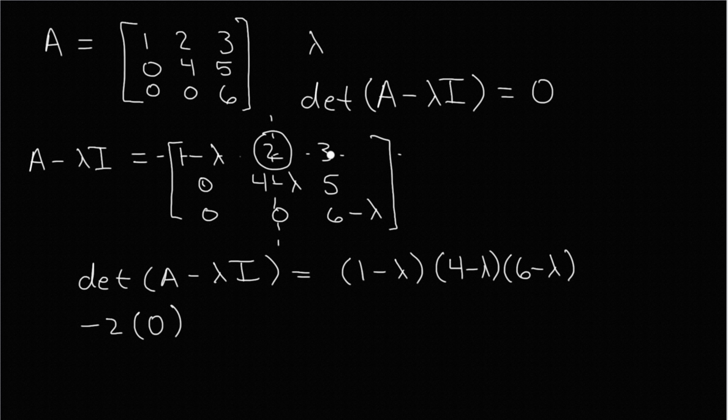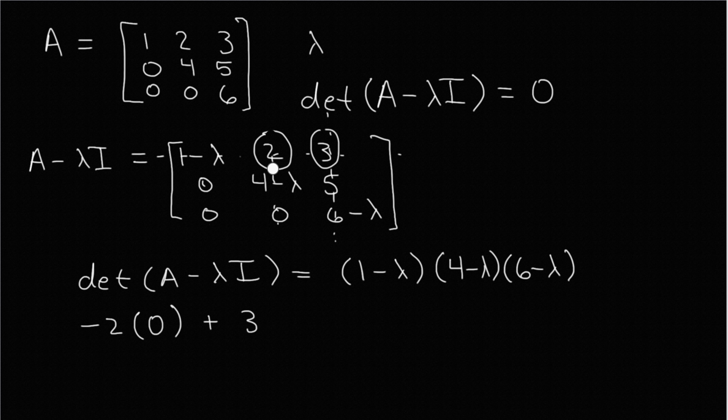So next I'm going to circle the last element of the first row. I'm going to give it a positive this time instead of a negative. And then we're going to find the cofactor matrix. And the way we'll do that is we will put a dotted line through the first row and the third column this time.